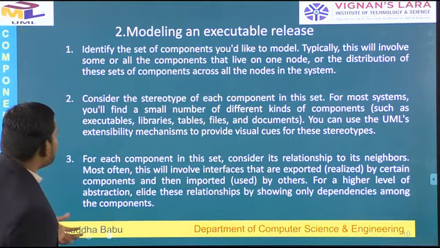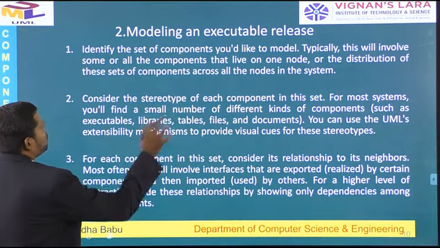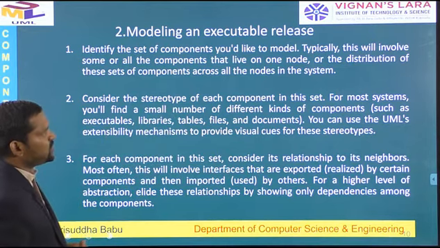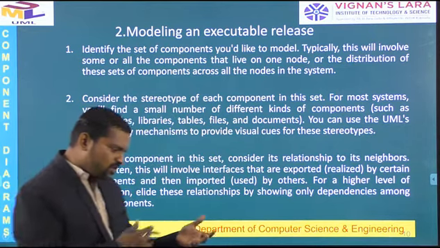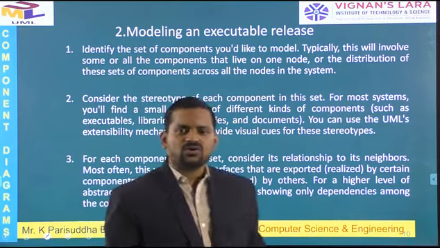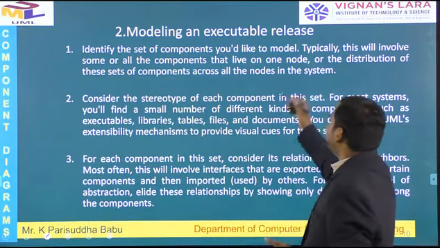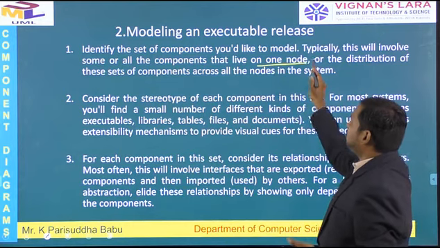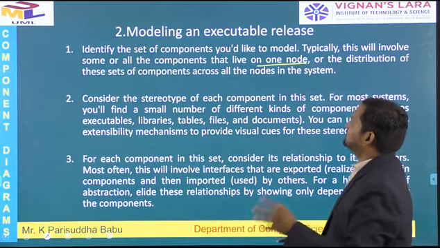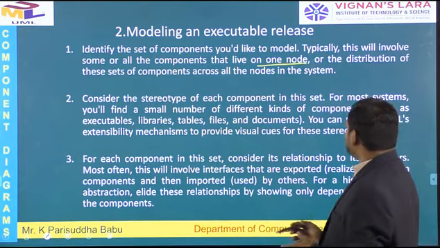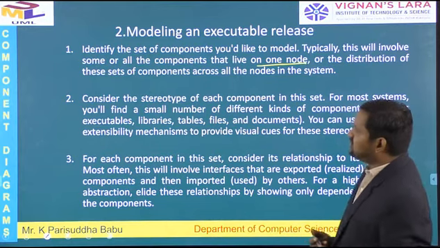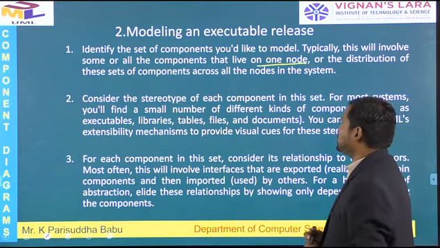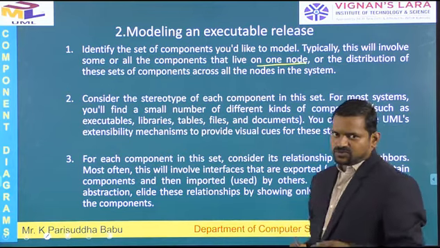Typically this will involve some or all of the components that live on one node. Are all components living in one node or not? You have to find and represent all those live executable releases in one node, or the distribution of these sets of components across all the nodes of your particular system.